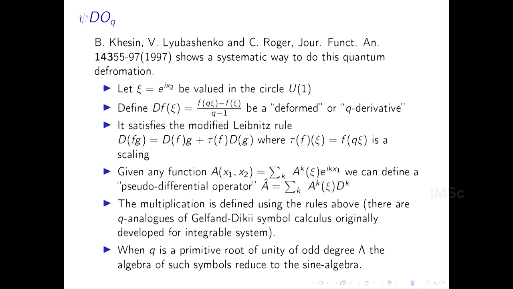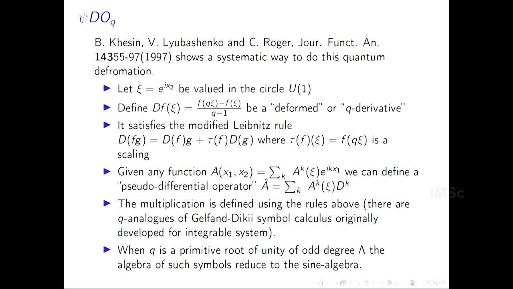So this is the kind of thing that many of you have worked on. And the point is that such a derivative satisfies a modified form of the Leibniz rule, where instead of satisfying the usual thing, it is twisted by an automorphism of the algebra. And now you take any function on the phase space, and I can turn it into a pseudo-differential operator of this kind.